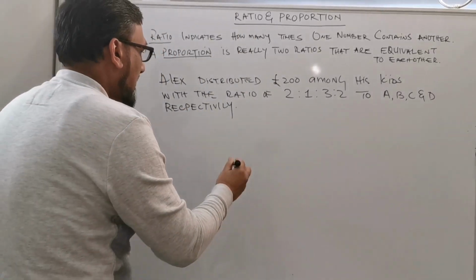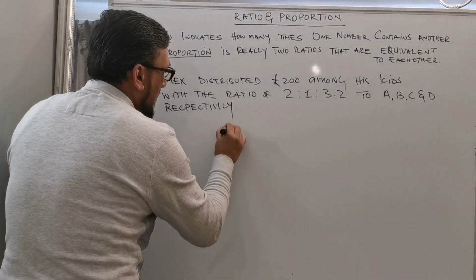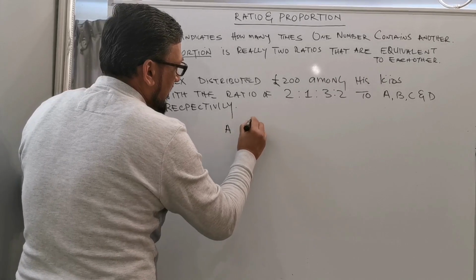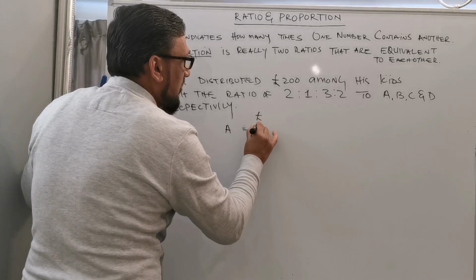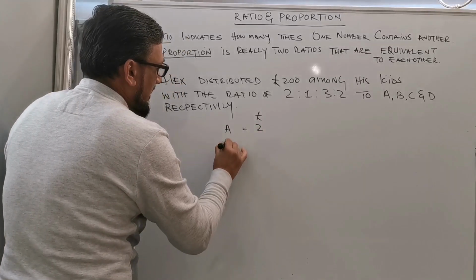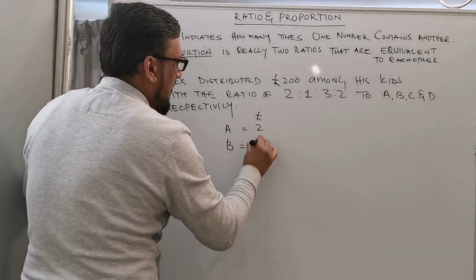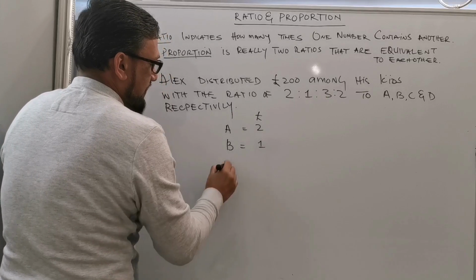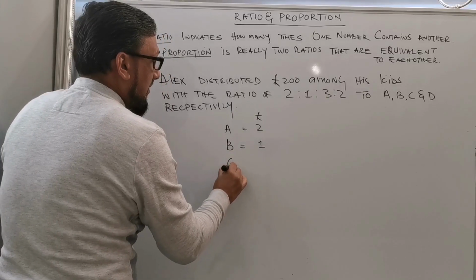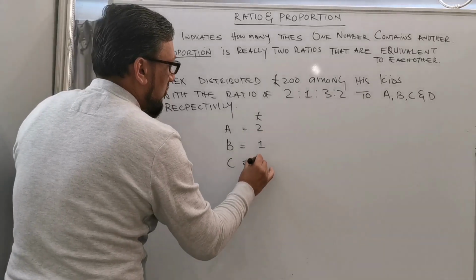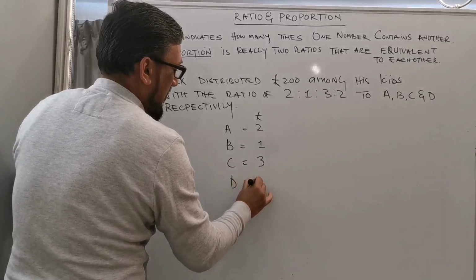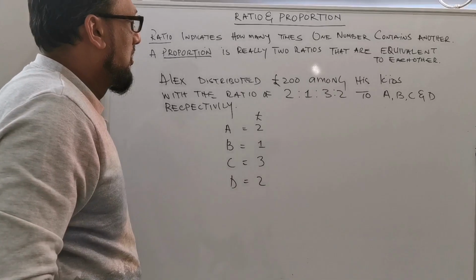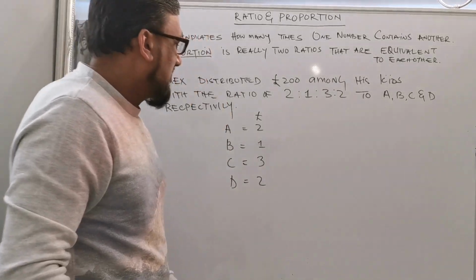So it means A gets 2 pounds, B gets 1 pound, C gets 3 pounds, and D gets 2 pounds.